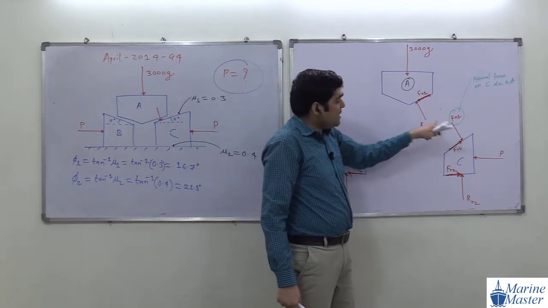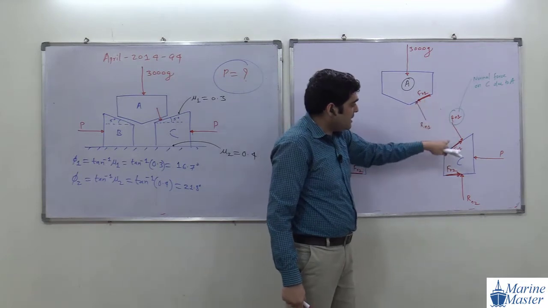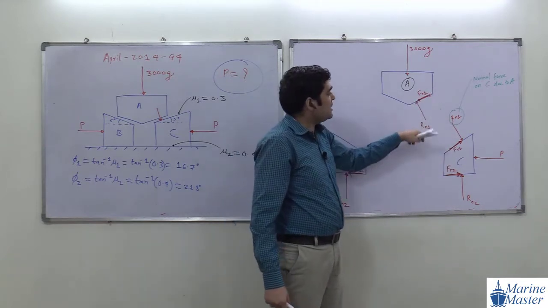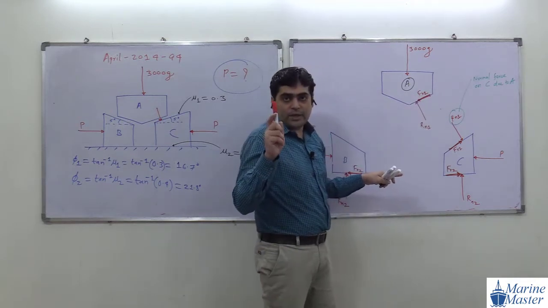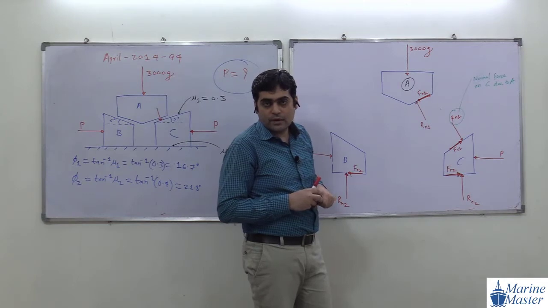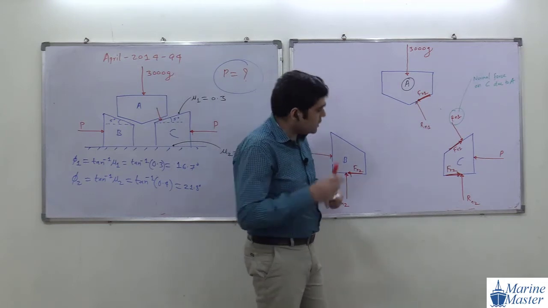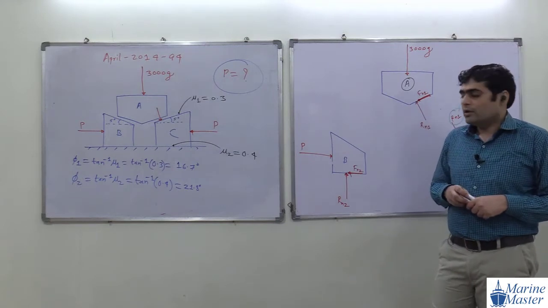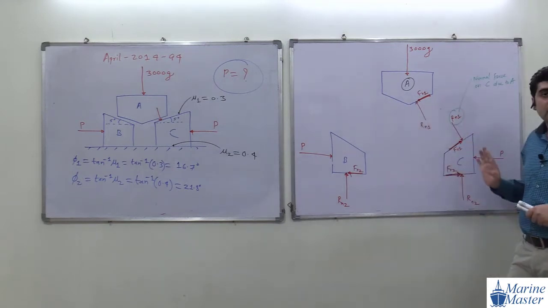It is the same Rn1, and Fr1, not Rn3. Why is this not Rn3? Are you getting my point? Okay guys, till now any doubt? Did you get this drawing, everyone?